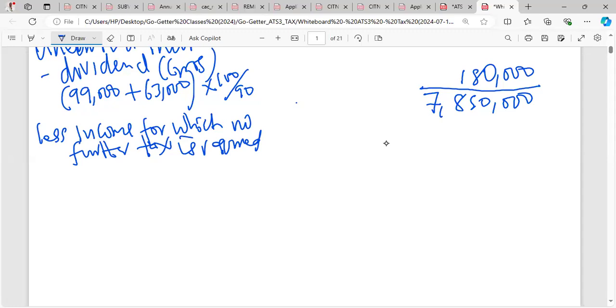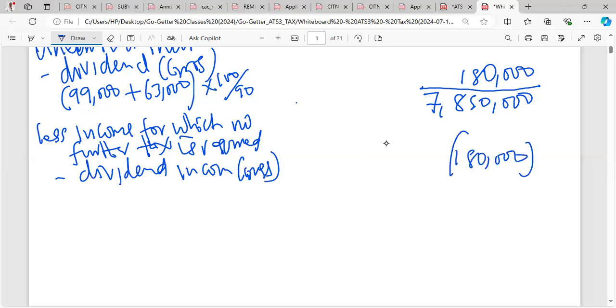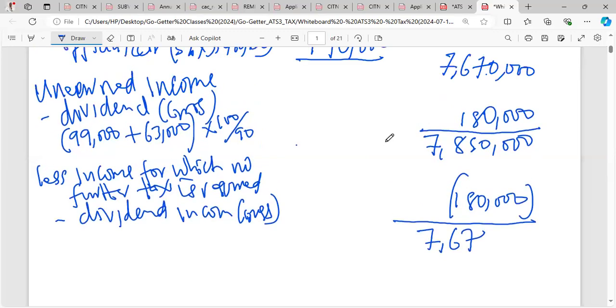They have already removed withholding tax, so there's no further tax that is supposed to be deducted. So you should less that. They will say less dividend income, gross. You come here, that 180 that you added before, you will now remove it, and you are left with 7,670,000.